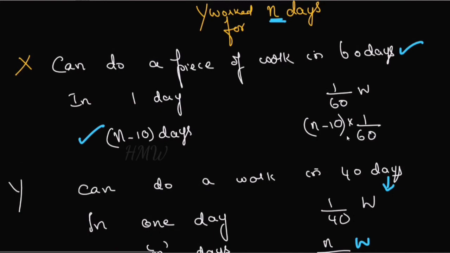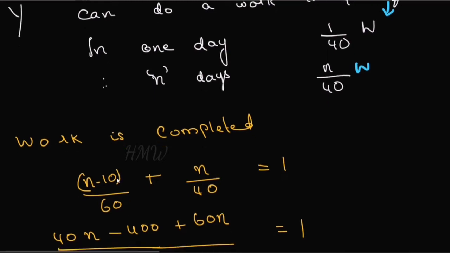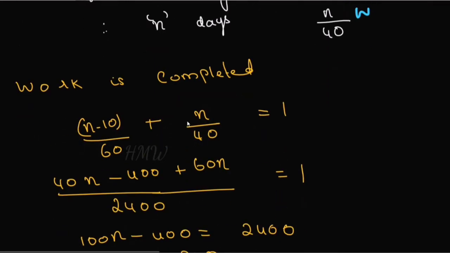This is the work done by x: n minus 10 by 60, plus the work done by y: n by 40. The total work is 1. So n minus 10 by 60 plus n by 40 is equal to 1.